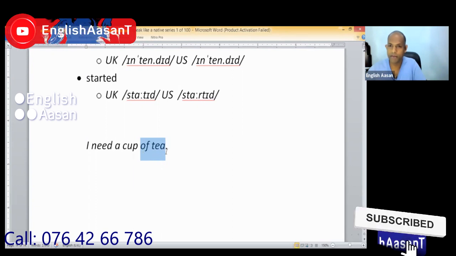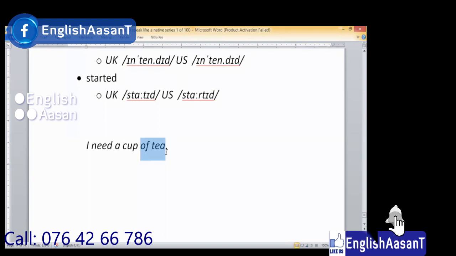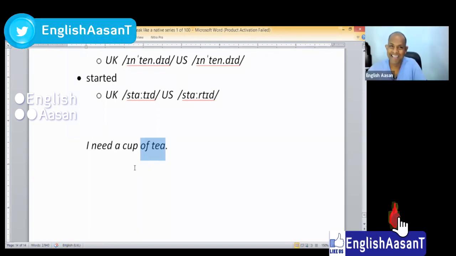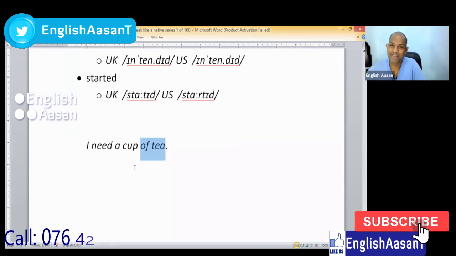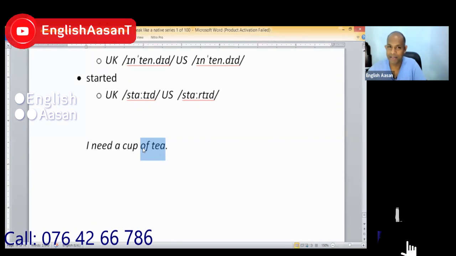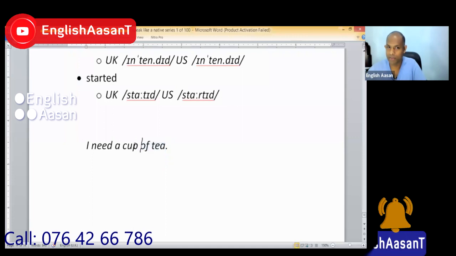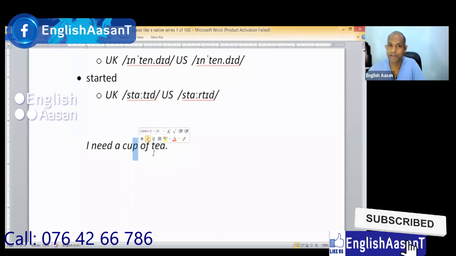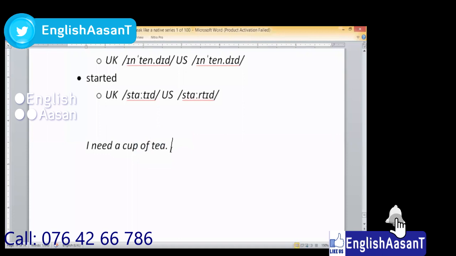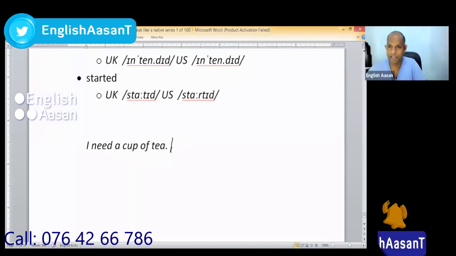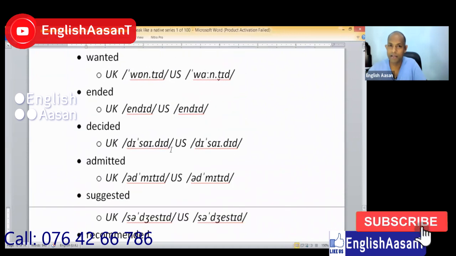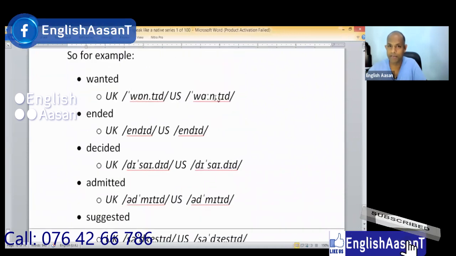When you have a vowel followed by a consonant, it becomes linked together. So that depends on what word follows the word wanted.